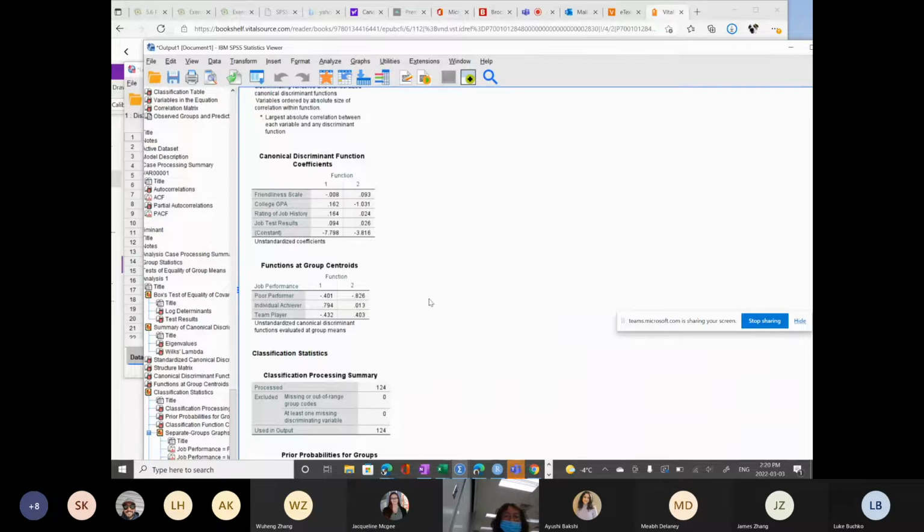Next, we have functions at group centroids. What does that mean? That means which group is separated by which function. I'm going to copy this and then make annotation.